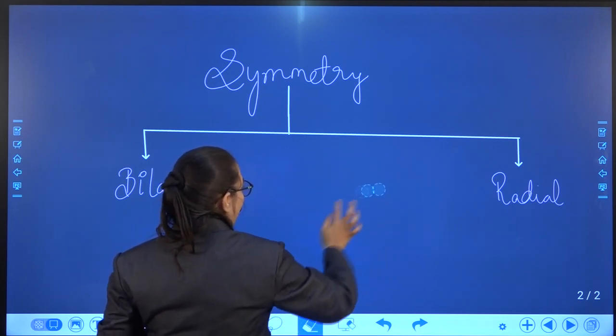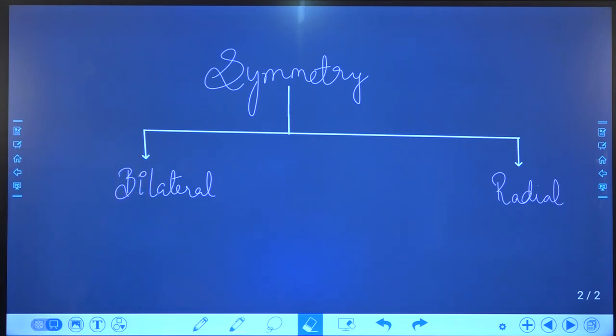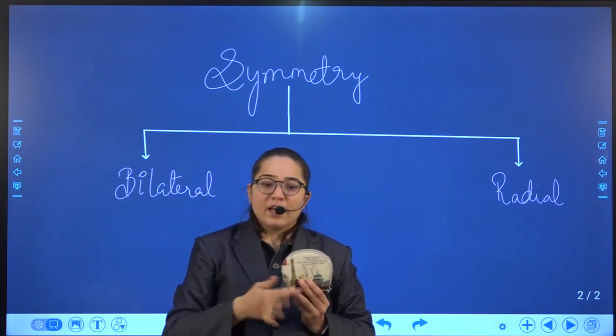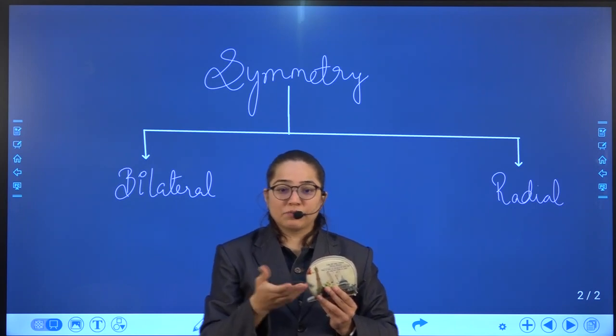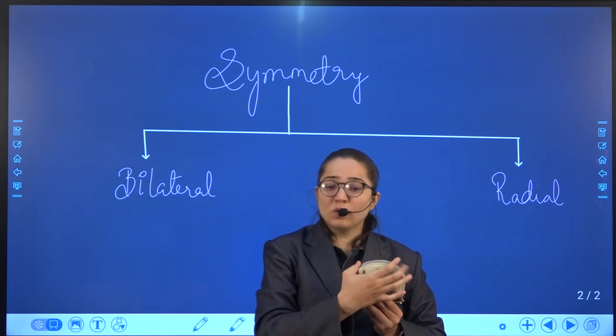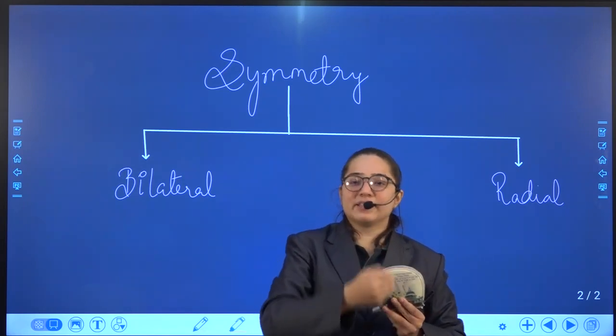Now, how is that possible? Yes, it's possible. Just have a look. If I want to divide this into two equal halves, how will I divide it? If I divide it from the mid portion, will it be in equal halves? No. At the bottom it is a bit wide as compared to the top. I need to divide it compulsorily one way, that is this.